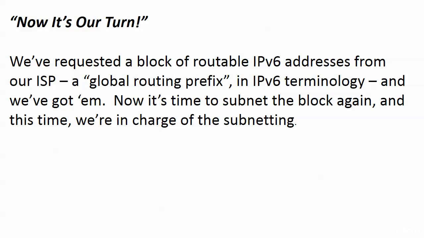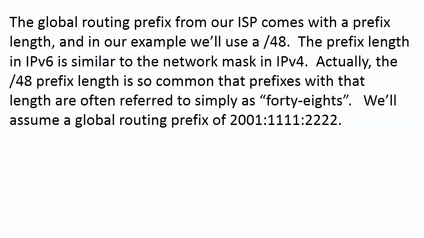Now it's our turn to start subnetting. We've requested a block of routable IP version 6 addresses from our ISP, a global routing prefix, if you will, and we've got them. We've got the block. Well, now it's time to subnet the block again, and this time you and I are in charge of the subnetting. Now, the global routing prefix from our ISP comes with a prefix length, and in this example, we're going to use a /48.